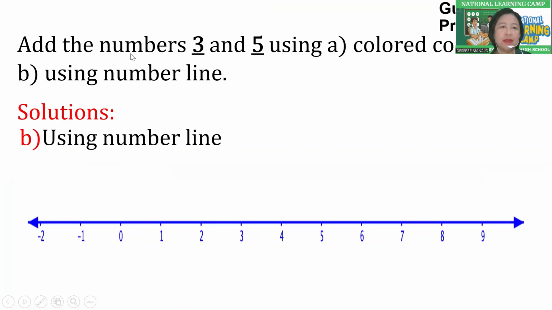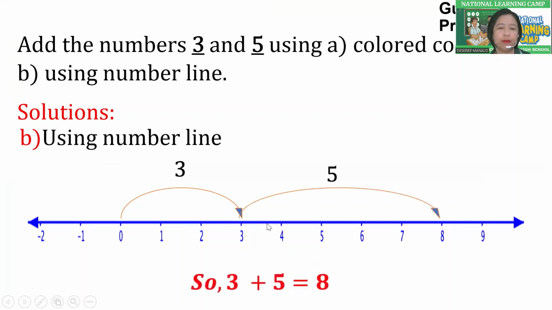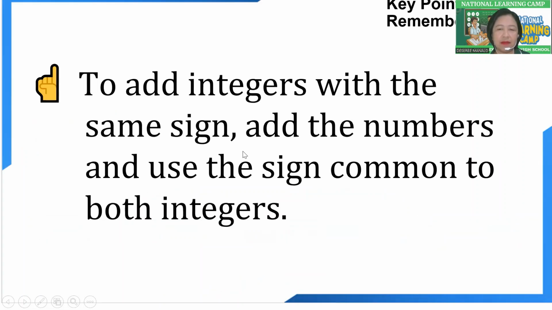For the number line, positive 3, start from 0, which means 3 units to the right. Positive 5 means you start from positive 3 and go 5 units to the right. Therefore, 3 plus 5 is equal to 8. Again, to add integers with the same sign, add the numbers and use the sign common to both integers.